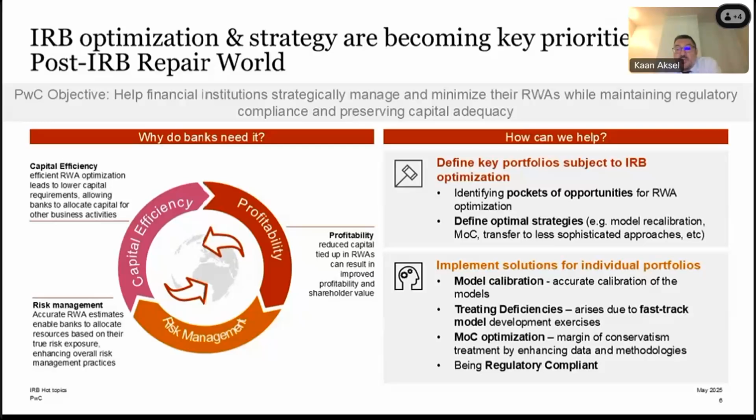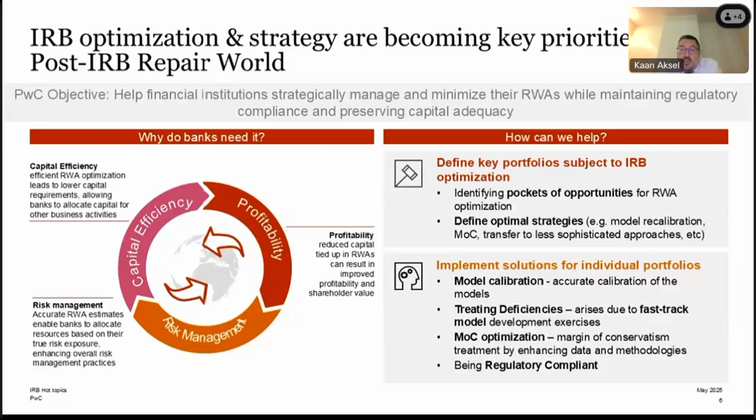The reason is that in the fast-track model development exercises just before or during the IRB repair engagements, we really didn't have much time to look into all the details that needed to be taken care of. And we have been sweeping most of our deficiencies under the blanket of MOC.